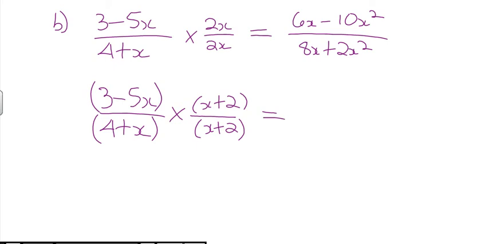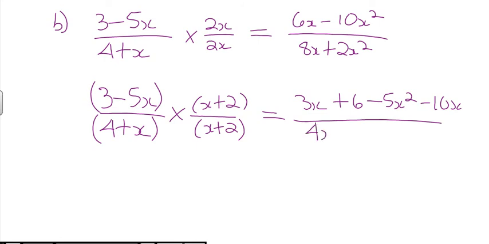Okay, so this is going to give me 3x plus 6 minus 5x squared minus 10x over, okay, I'm just using FOIL, right? 4x plus 8 plus x squared plus 2x.